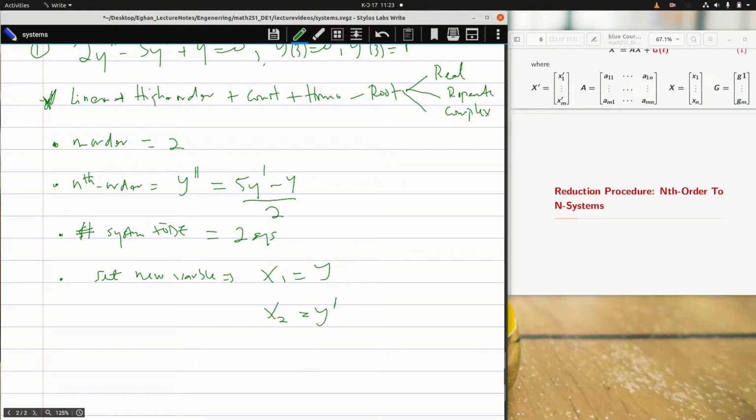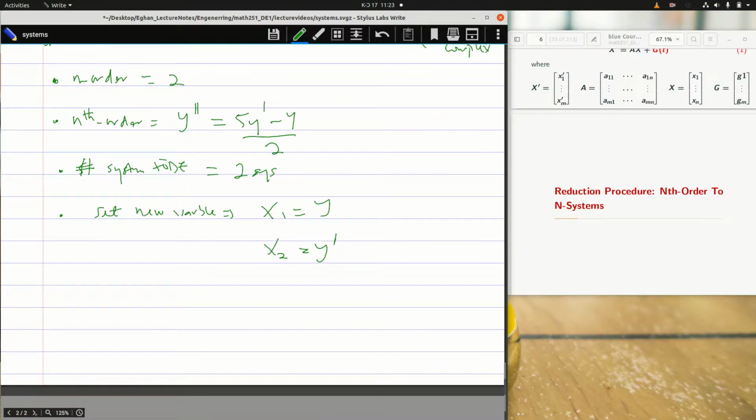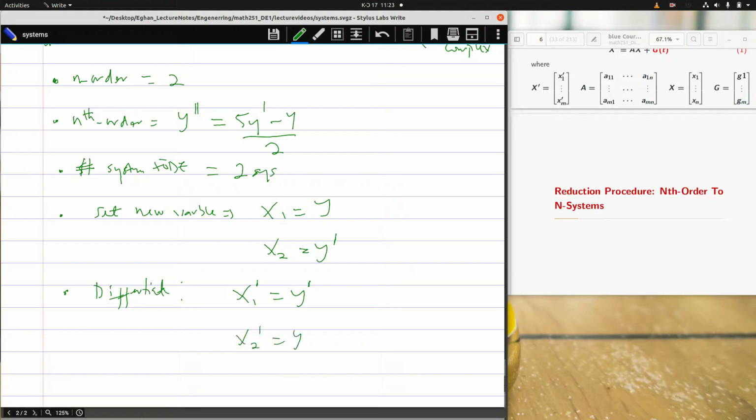These are 2 systems. The next is to differentiate these systems. So x1 prime, you realize that is the same as y prime. x2 prime will give you y prime prime.